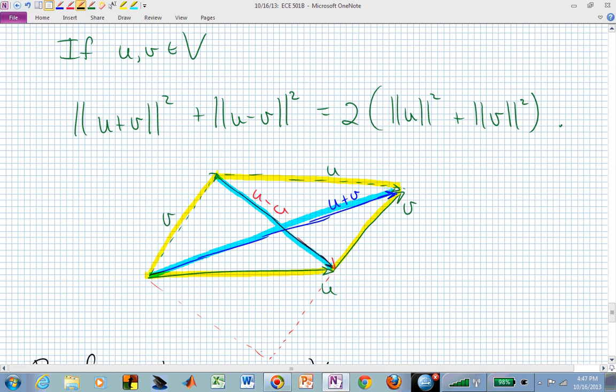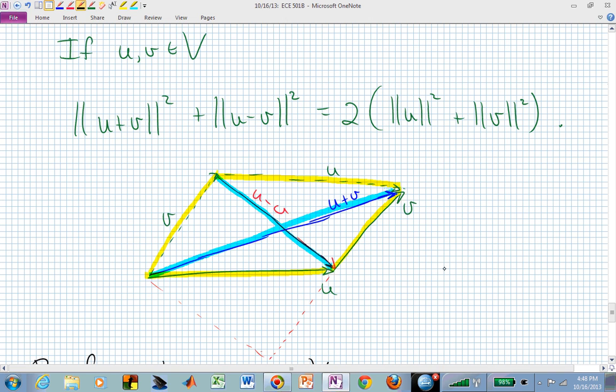No, it's not the same length. So now really distort your parallelogram and make these two sides or corners come very close to each other, and so u minus v might be very short relative to u plus v. So you don't necessarily have u plus v being the same magnitude or the same length or the same norm as u minus v.